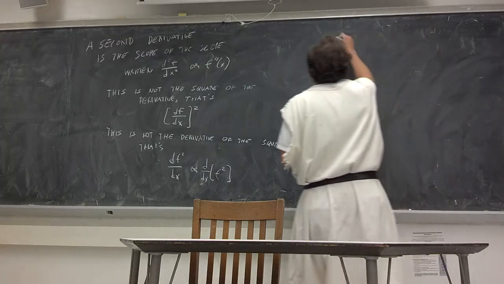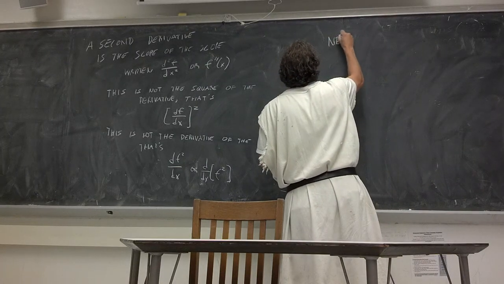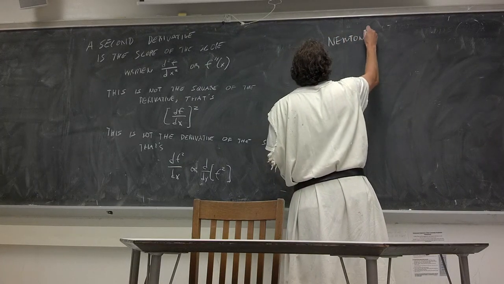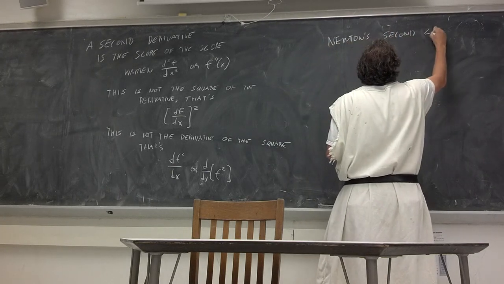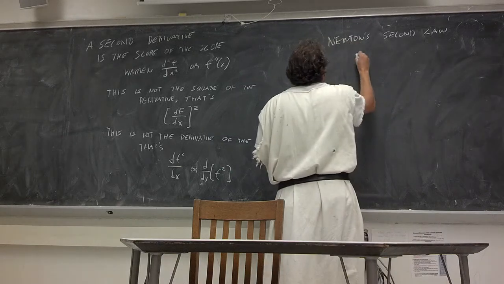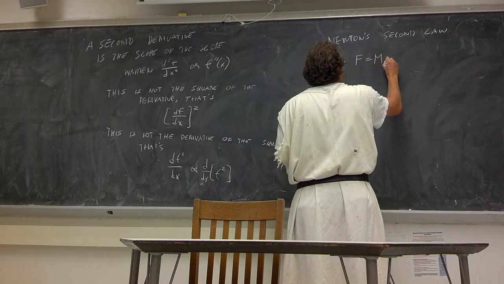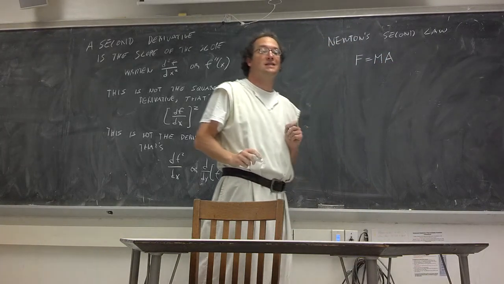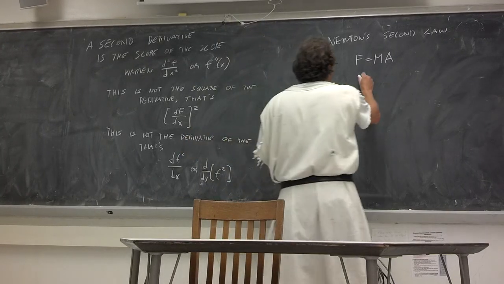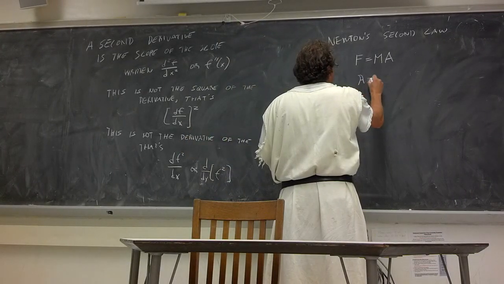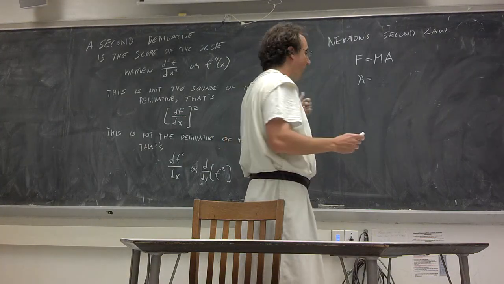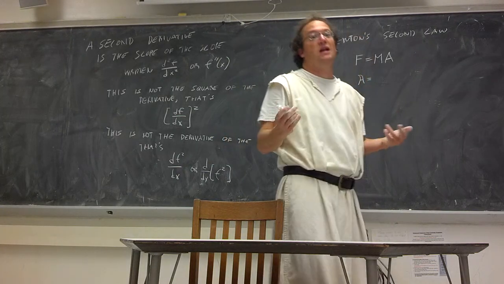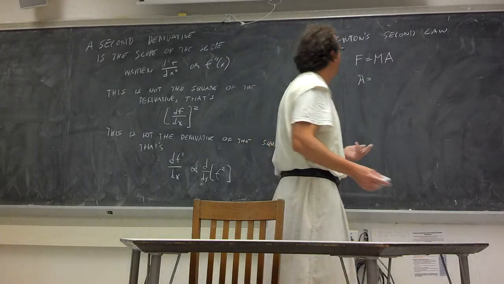The prototypical second derivative is Newton's second law: force equals mass times acceleration. But what is acceleration? Acceleration is just the rate of change. Slope, derivative, rate of change are all terms that mean the same thing.